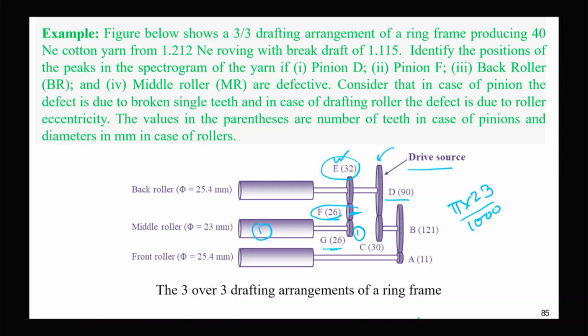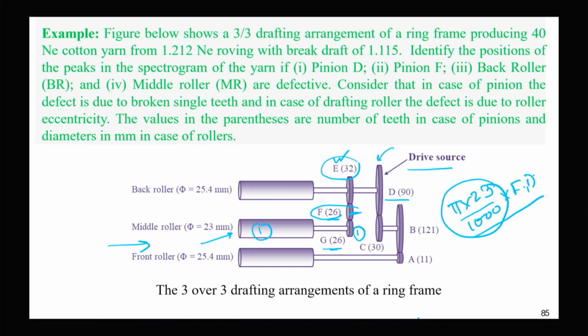Whatever wavelength is generated at the middle roller will be stretched by the draft at the front roller, the front zone draft.